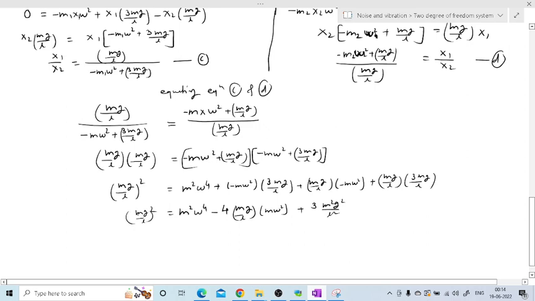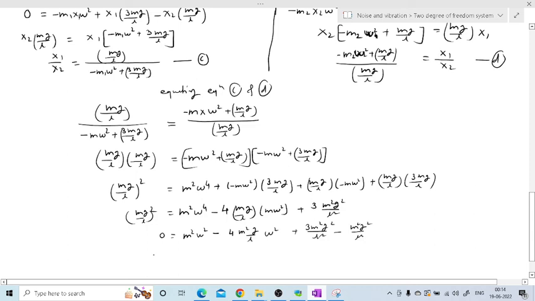Now transfer this term on that side, so here it will be 0, m square omega square minus, this term will become 4 m square g by l omega square plus 3m square g square by l square minus mg by l bracket square. So individual term square.